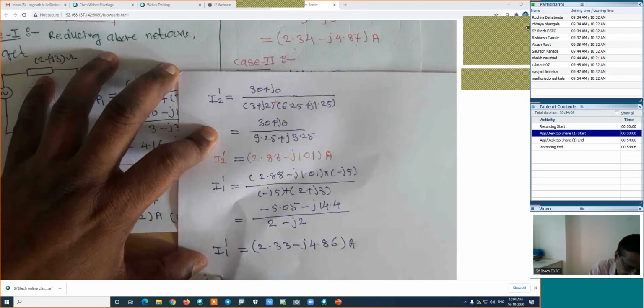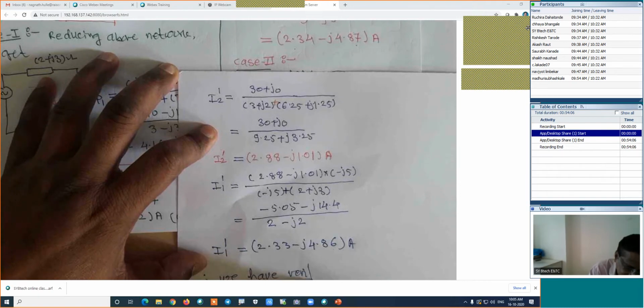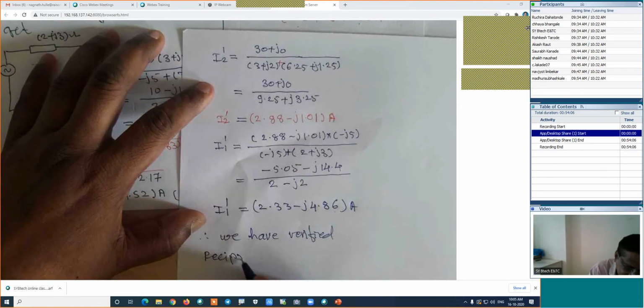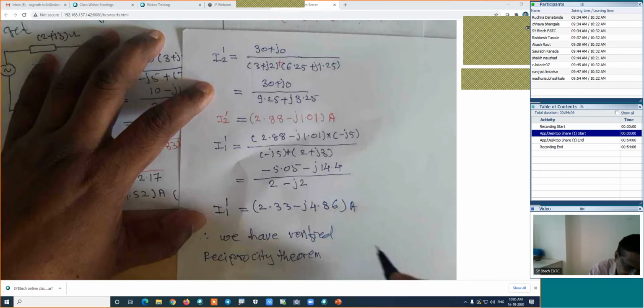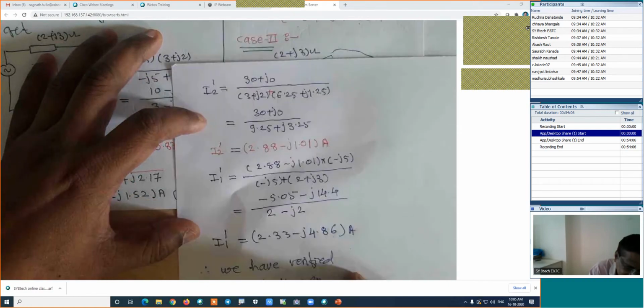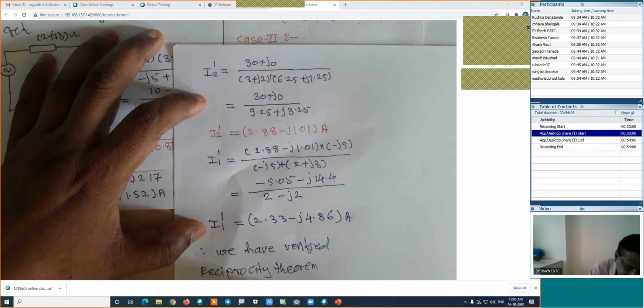Therefore, we have verified the reciprocity theorem. Is it right? Because I2 is equal to I1 dash, and the voltage is the same.